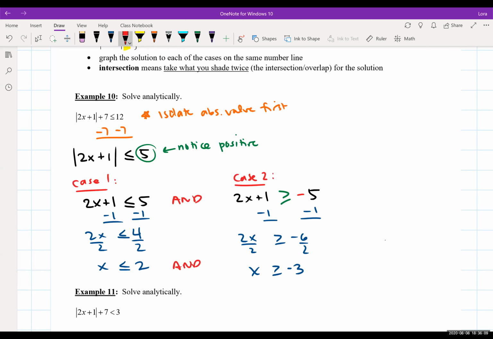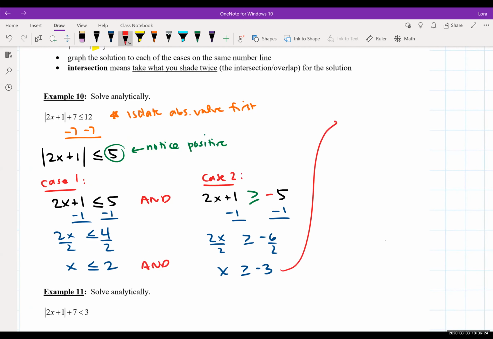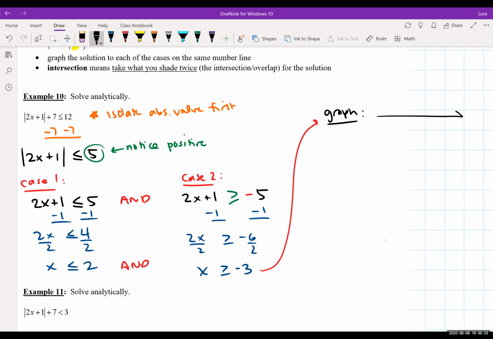Now, this is the informal set notation of your inequality, but a lot of times you can describe it a lot better, a lot more succinctly. So in order to find the actual solution, what I like to do is graph both solutions on a number line. And so I have my number line. And when I'm looking at graphing each solution, I will color code it a little bit.